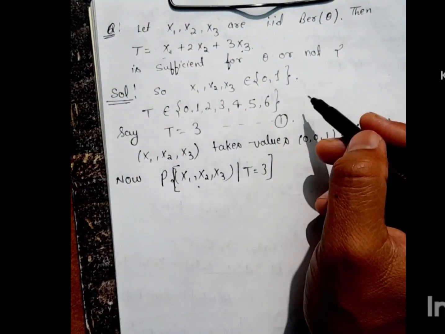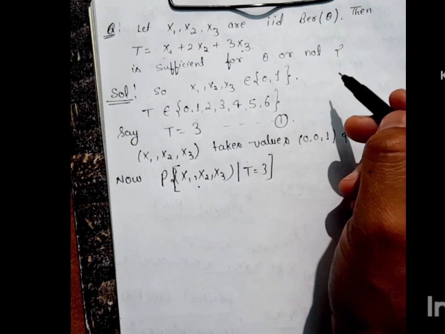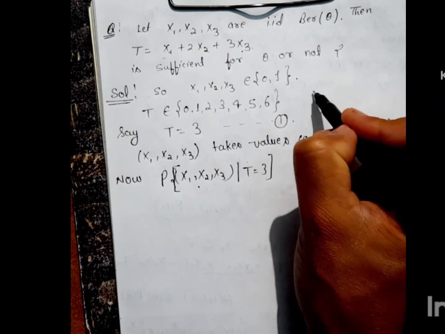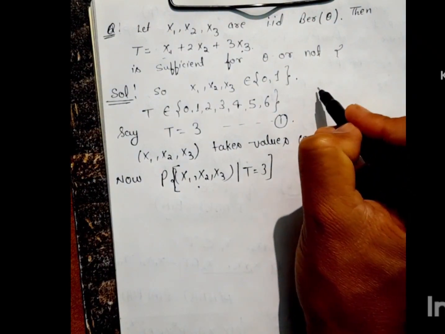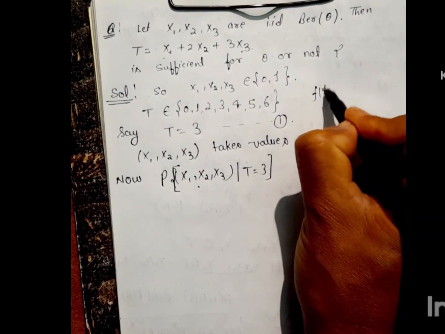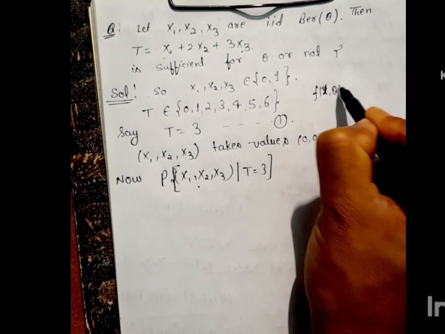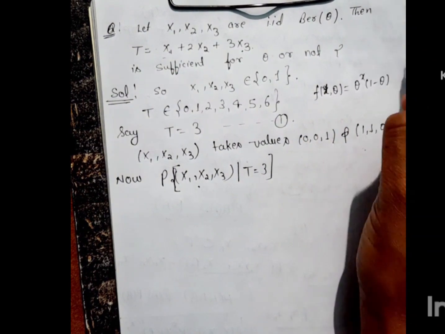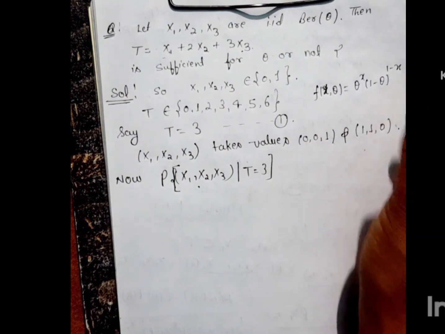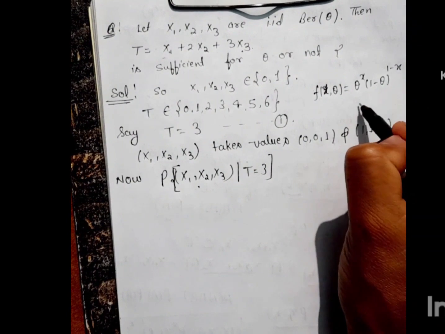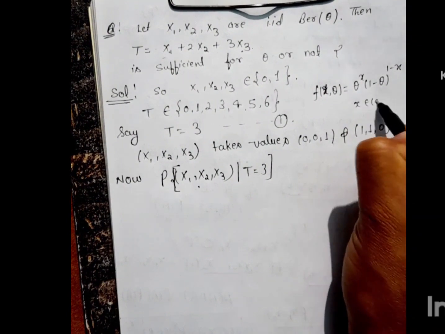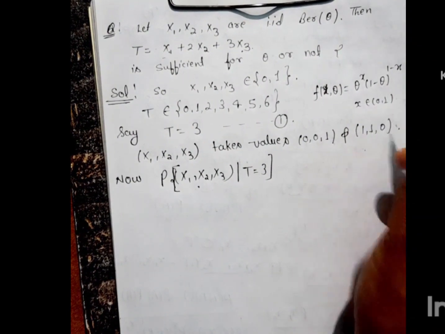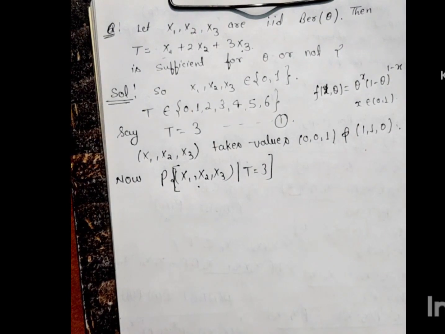The PMF of a Bernoulli variate is f(x; theta) equal to theta to the x times (1 minus theta) to the (1 minus x), where x is 0 or 1 and theta lies between 0 and 1.